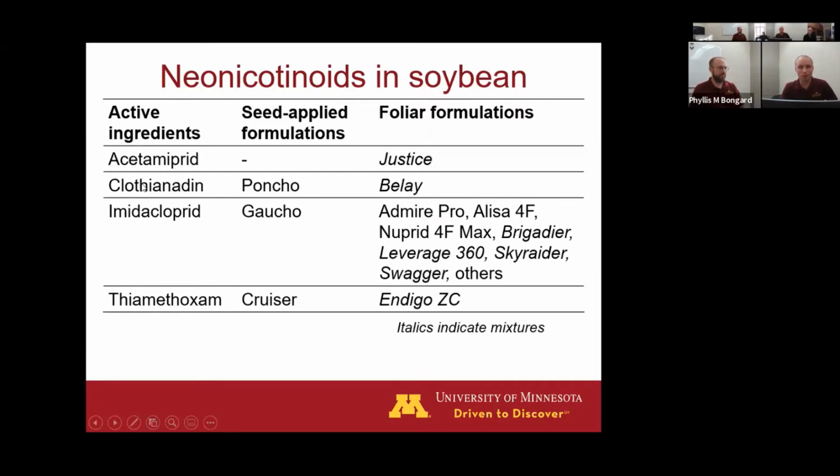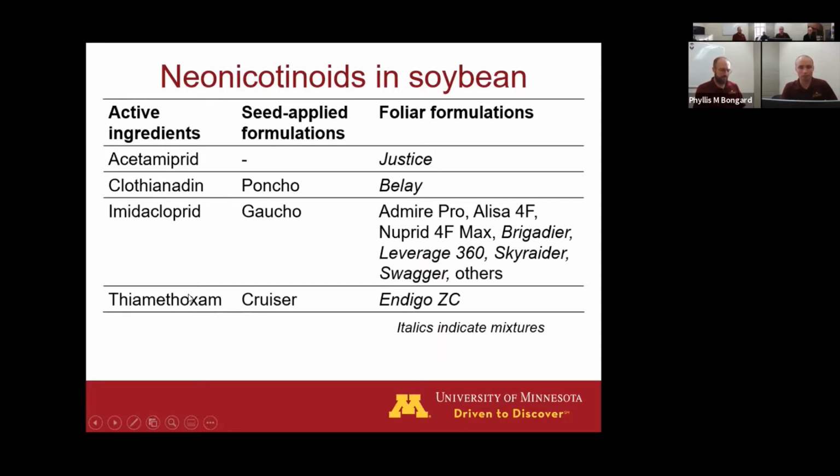And then as we go down, we've got clothianidin as a seed treatment formulation. You get products like Poncho, and as a foliar formulation, you have Belay. Imidacloprid: we've got Gaucho as a seed treatment, and then several different foliar formulations, either with imidacloprid by itself, as in Admire, or in some kind of a mixture like Leverage or the others.